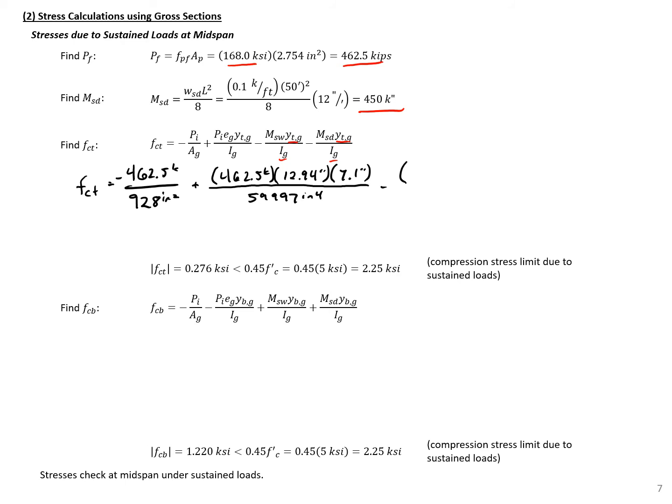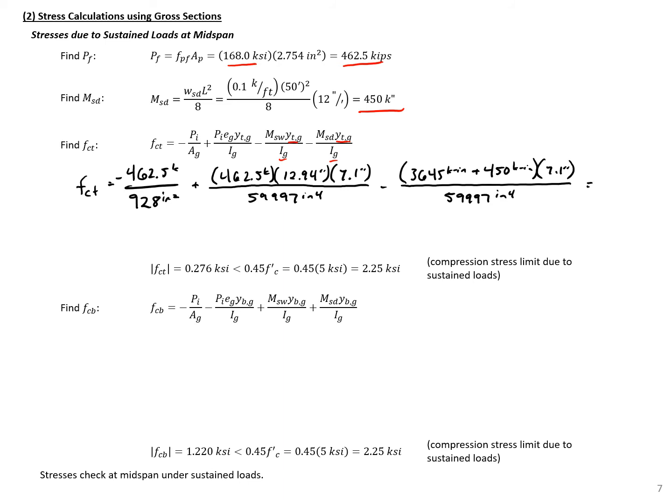distance between the centroid and the top of our gross section, I'm going to combine our moments. So we have our self-weight moment, 3,645 kip inches plus 450 kip inches times 7.1 inch divided by 59,997 inches to the fourth.